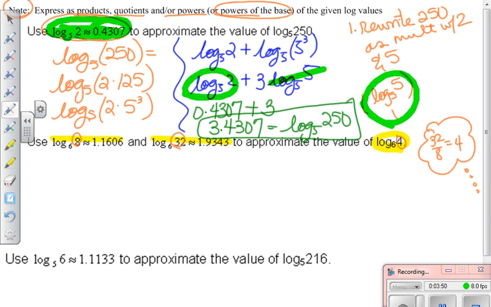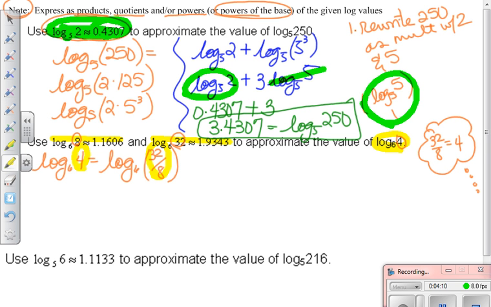So I could write a division problem that would look something like the log base 6 of 4 is equal to the log base 6 of 32 over 8. I just rewrote 4 as a division problem.